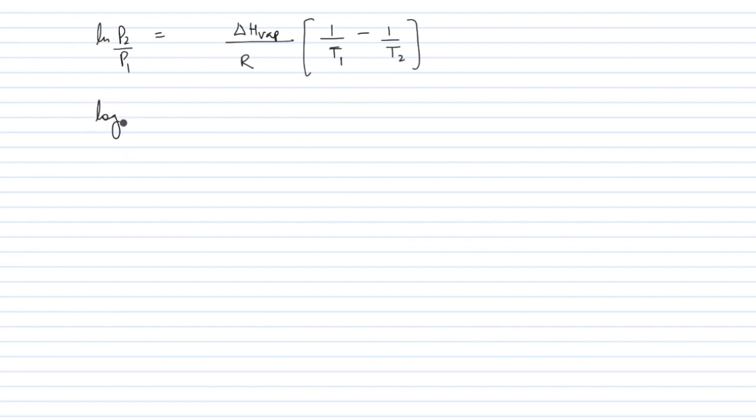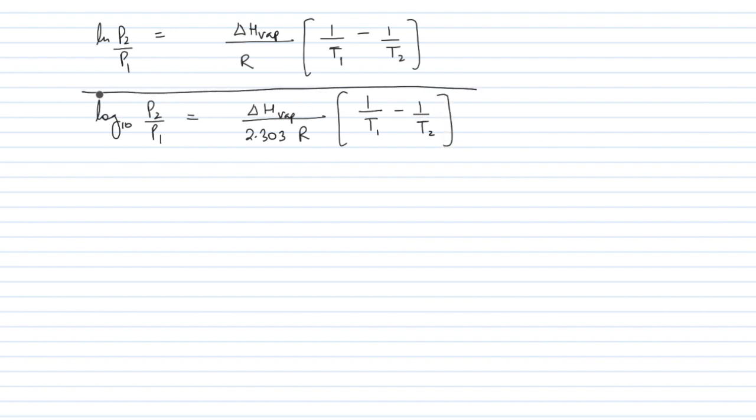When you convert ln into log base 10, you have to multiply by 2.303. So either I can write 2.303 here, or I can take it to the denominator on this side. So it will be log base 10 of P2 by P1 equal to delta H of vaporization divided by 2.303 R, times the bracket 1 by T1 minus 1 by T2. This is another form of the integrated Clausius Clapeyron equation. Now you can have this equation in many forms.